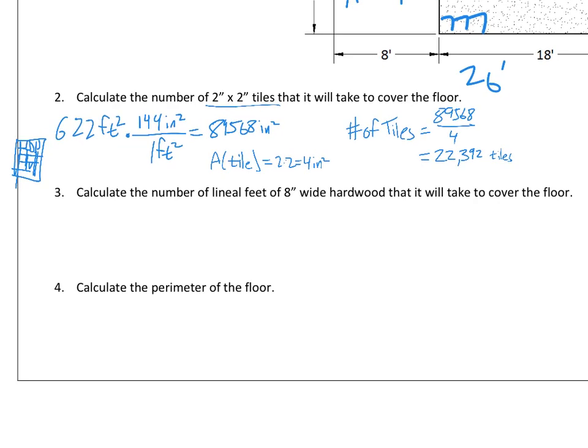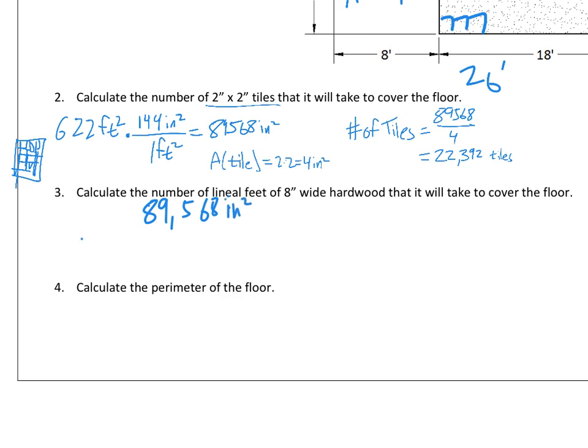All right. Calculate the number of linear feet of 8-inch wide hardwood that it would take to cover the floor. This one is a kind of challenging problem. It turns out to be not too tough, but it's a little challenging. Think of it this way: we've got 89,568 square inches, and we're going to get some hardwood.